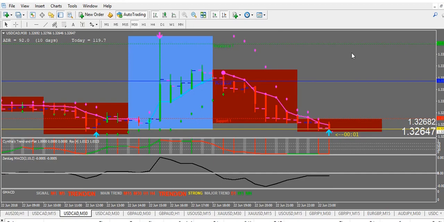These are called the trend boxes. If you are in a red box, you are only interested in sell orders. We are looking to go short. If it's in a blue box, we are interested to go long or look for buy entries. That is the first indicator.